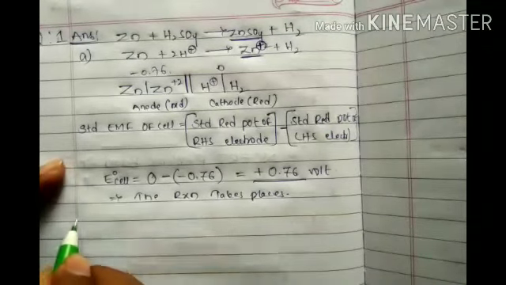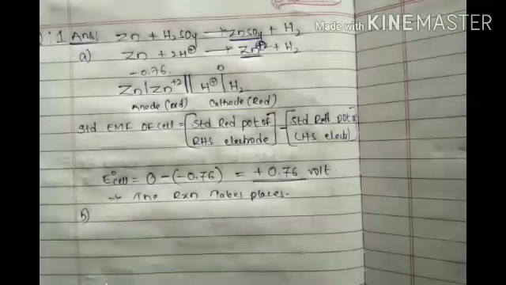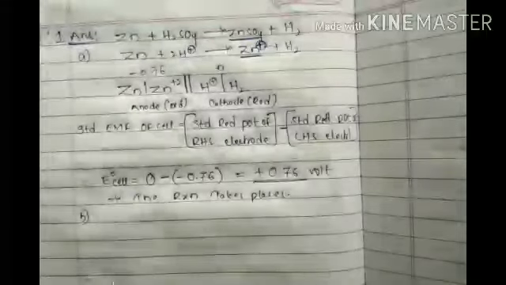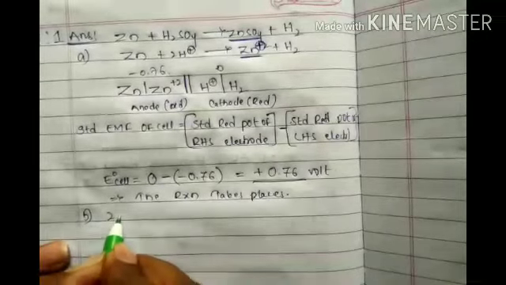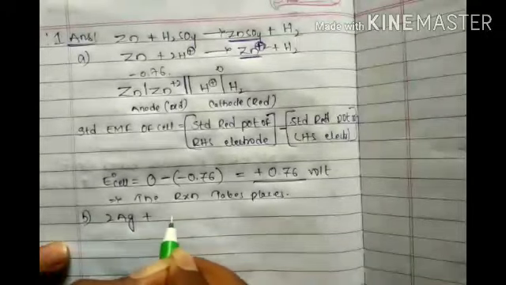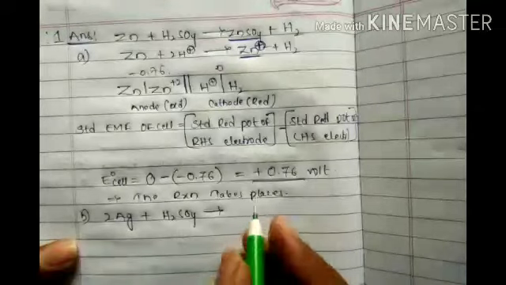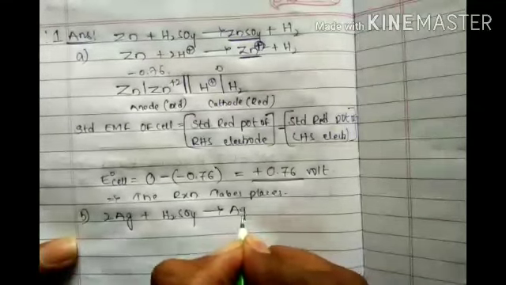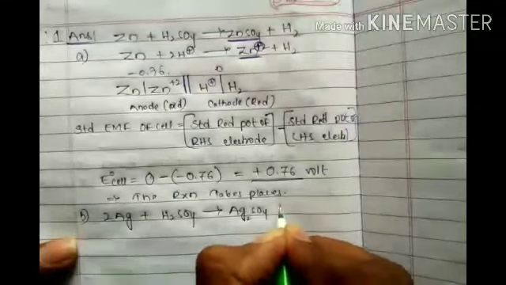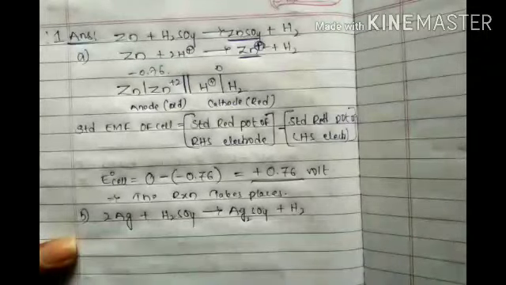Same process for B. Now 2Ag, silver, reacts with H2SO4 and gives Ag2SO4 with H2.